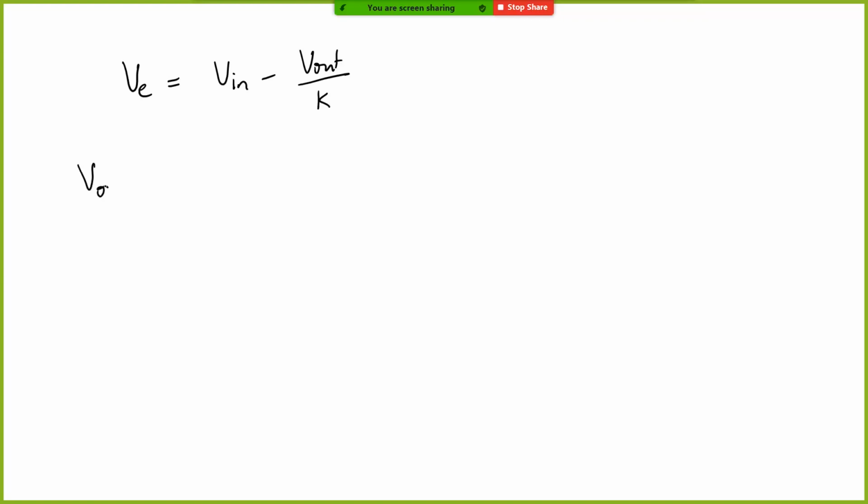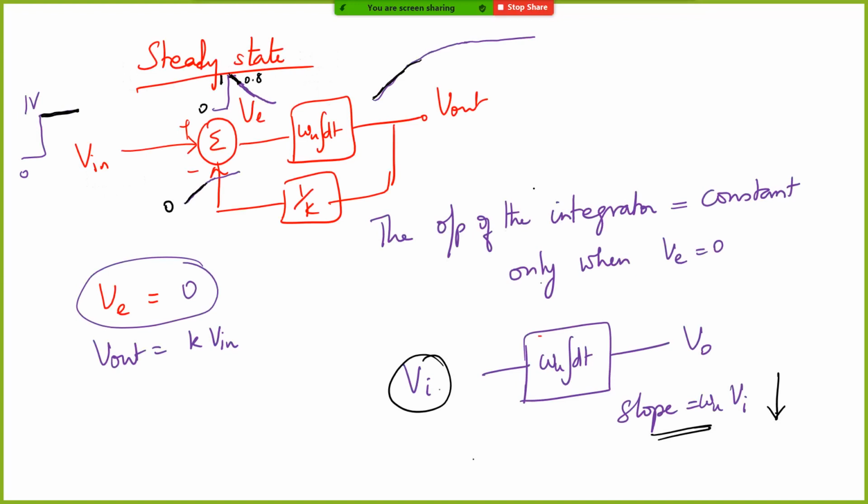Sir, instead of using an integrator, can we add the error to the V in to get V out? Add error to the V in. Okay, let's see how that works.